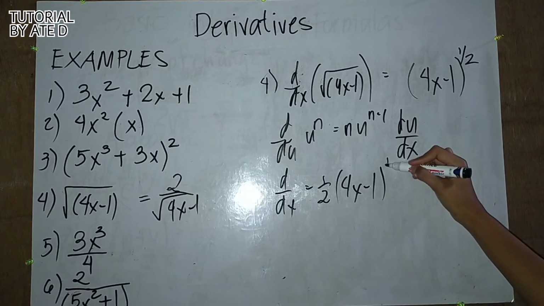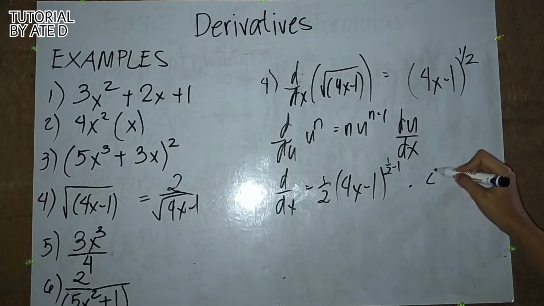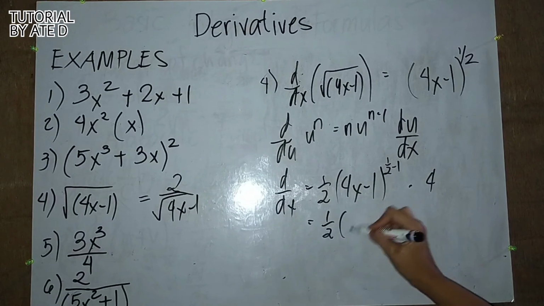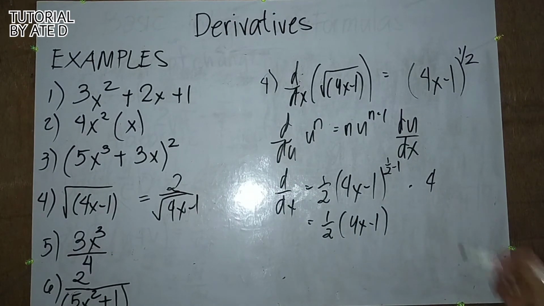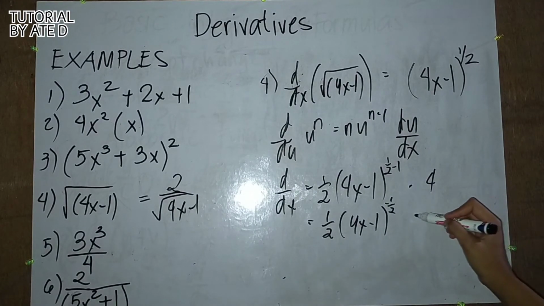So, 1/2 minus 1 is multiplied kung anong derivative ng nasa loob, which is 4. So, 1/2 minus 1 is equal to negative 1/2 multiplied by 4.